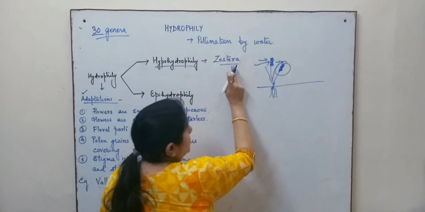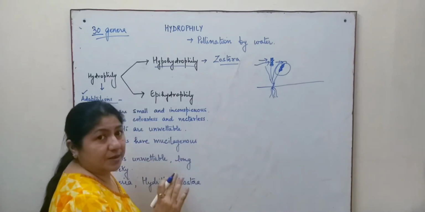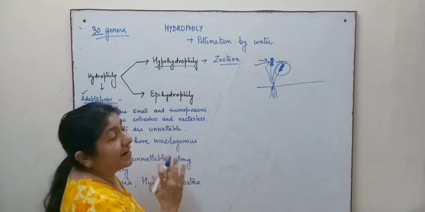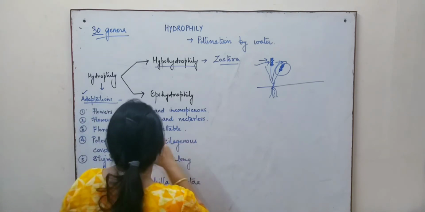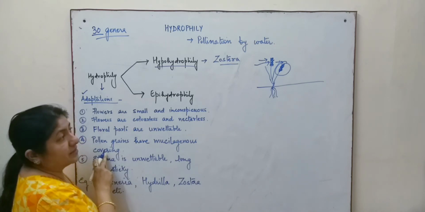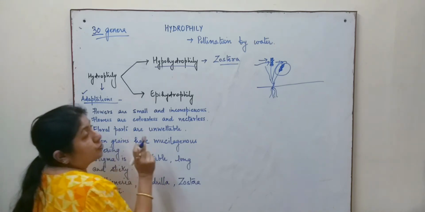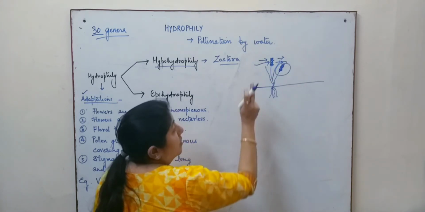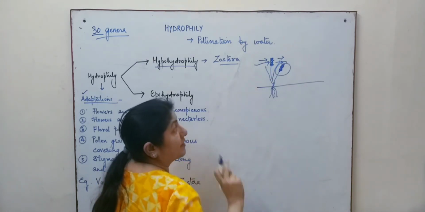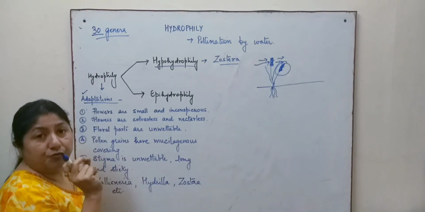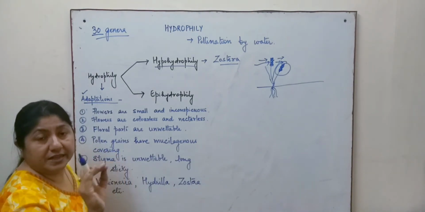Now, you have to understand that we have already studied that pollen grains have a mucilaginous covering. At the same time, they are unwettable. So the pollen grains can be easily carried by the water. Also, the specific gravity of the pollen grains is similar to that of water so that they can easily flow.